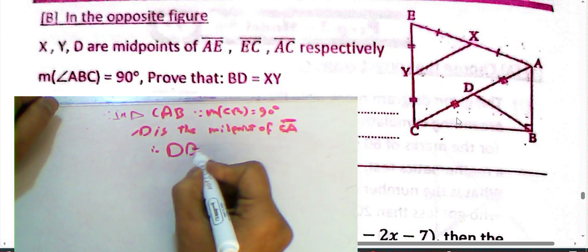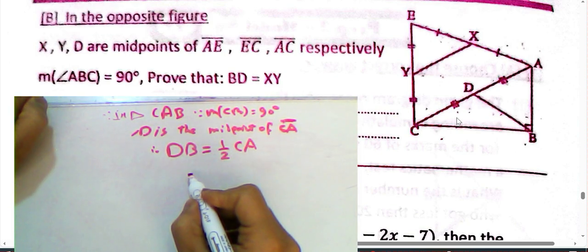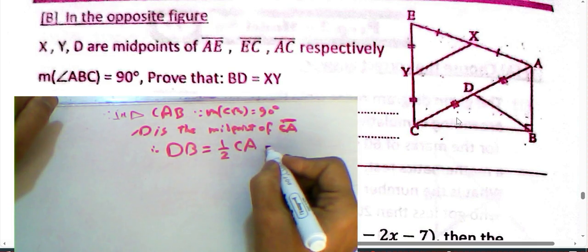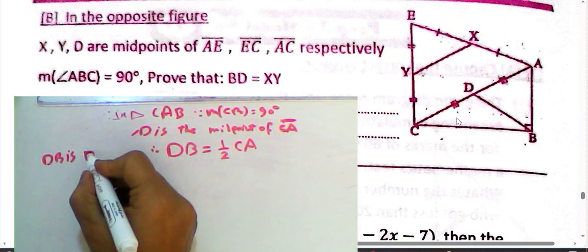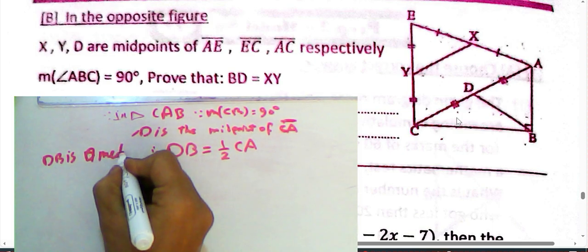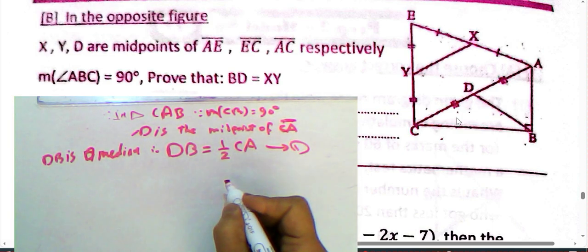Then DB is half of CA, and also DB is the median. The length will be half of CA. It's relation number 1.